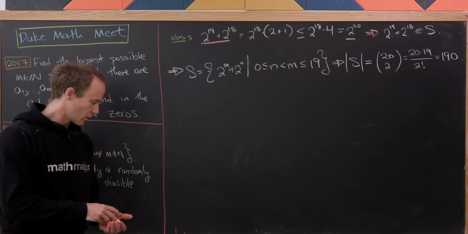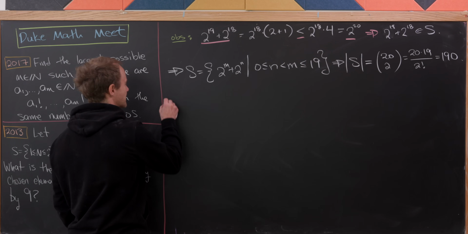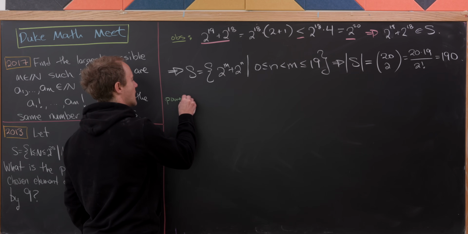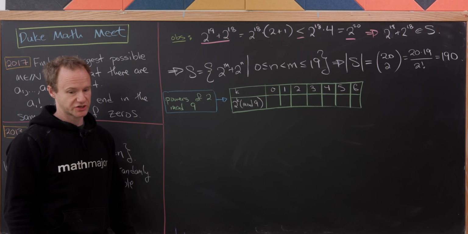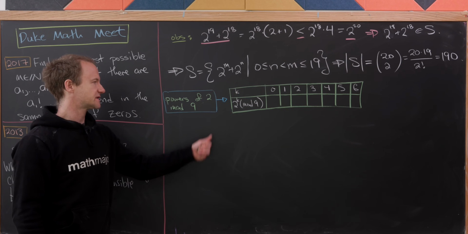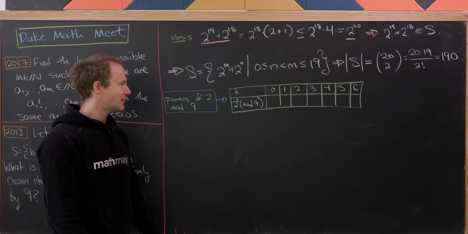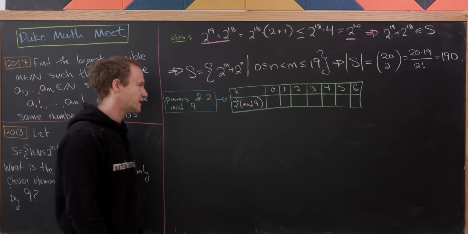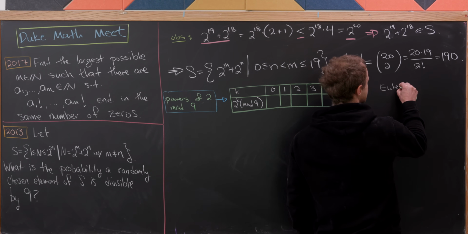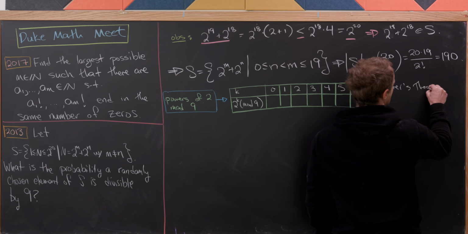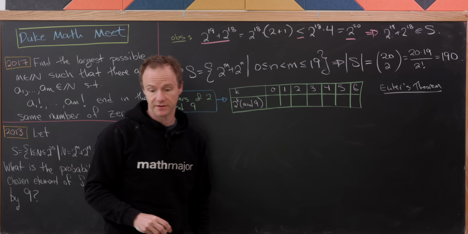But next up, in order to get ready for our next step, I'd like to look at the powers of 2 mod 9. We can do that by filling in the following chart. We've got k on the top and then 2 to the k mod 9 on the bottom. And you might say, why am I only going between 0 and 6? That's because Euler's theorem says the following, Euler's theorem being the generalization of Fermat's little theorem.